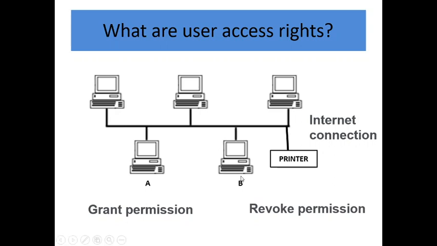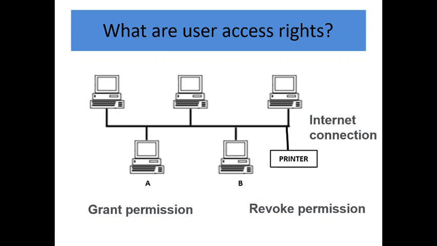And also assume now this user B. Now the administrator grants the permission to this user B to access the printer as well as this internet connection. Simply it means user access rights.